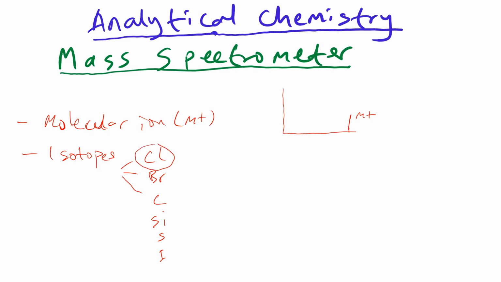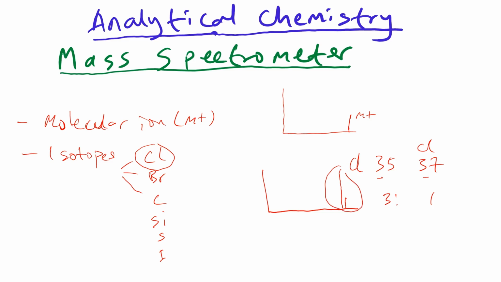If you see a spectrum that contains chlorine, you will see an interesting pattern of isotopes. Of course, we know that chlorine has two isotopes, 35 and 37, and the relative abundance is in a ratio of 3 to 1. Chlorine 35 is more abundant than chlorine 37. So if you see a compound that contains chlorine, you will see two peaks like this. And that's for isotopes.